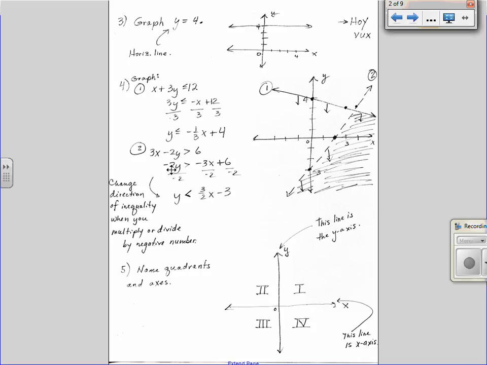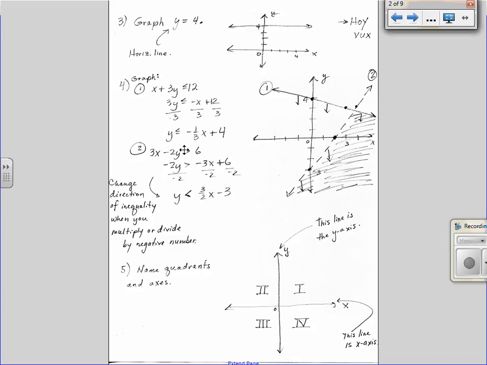When I multiply or divide on both sides of the inequality by a negative number, it's going to change. In the next step, I change the direction, so I change from a greater than to a less than. So I've got a negative 3 here as my y-intercept, and I'm going up 3 and over 2. So this is a positive slope of 3/2.